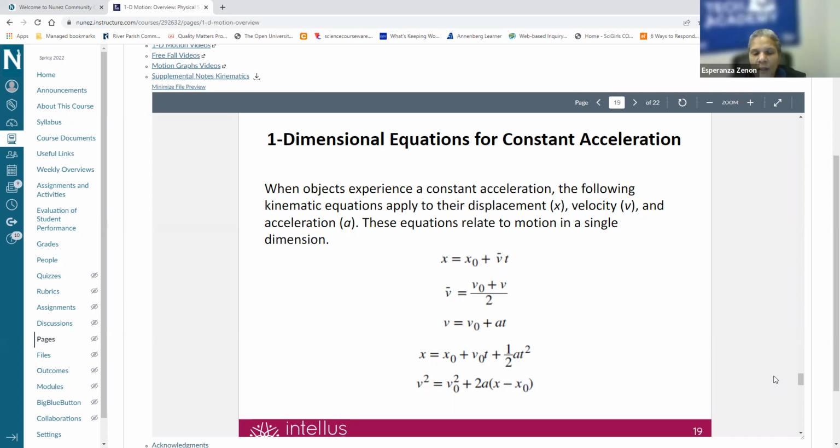Okay. The fourth equation allows us to find position as well. Okay. So if I want to know where the object is, tell me, where did it start from? How long did it maintain the starting velocity? And how long did it accelerate? Okay, so you see what I'm doing.